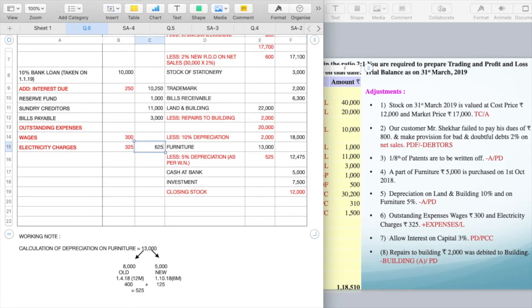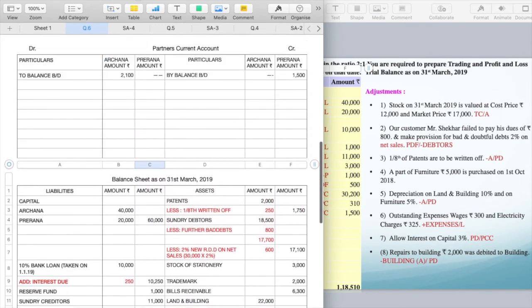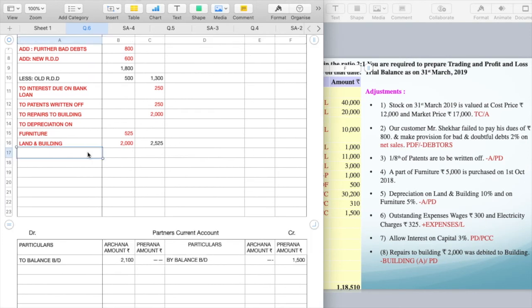Then next is allow interest on capital at the rate of 3%. So interest on capital, the first effect will go to profit and loss account debit side. So to interest on capital, Archana, Prerna. Now Archana's capital is 40,000, so on 40,000 we are supposed to calculate 3%, right?